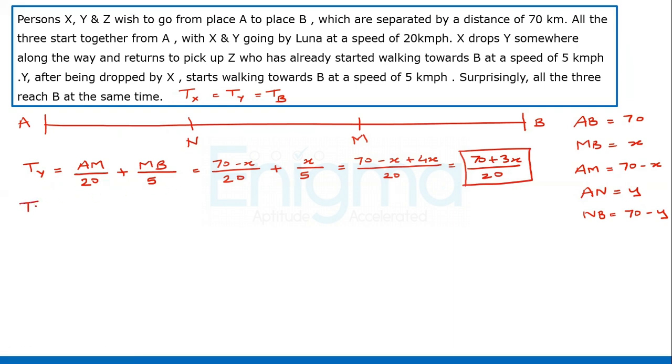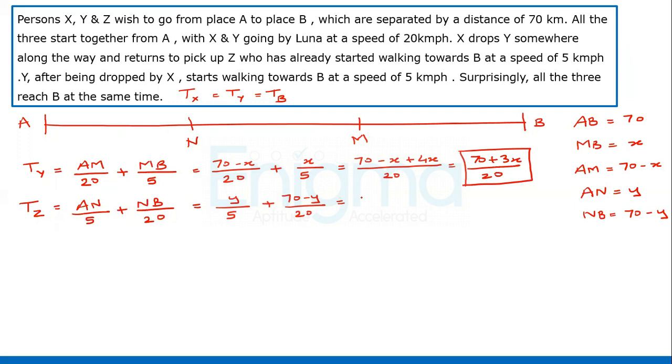Similarly, we can find out the time required for Z. Now Z traveled the distance AN by walking at a speed of 5, and after that he covered the distance NB on Luna with X at a speed of 20. Now AN is y, so it becomes y upon 5 plus NB, that is 70 minus y upon 20.